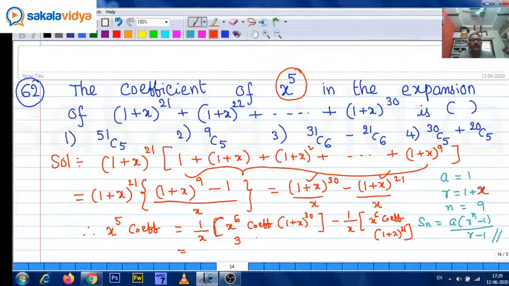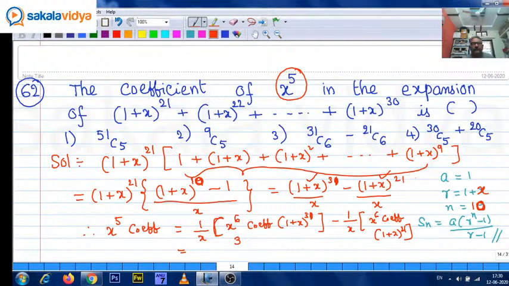21 we have taken common. It's okay. In a into (r to the power of n minus 1), n is how many terms? Sorry, n is actually here 10 terms including 1. This n is 10. So this will be 31, and this will be 21 only.